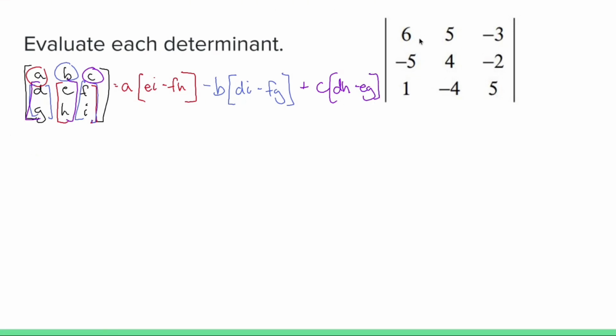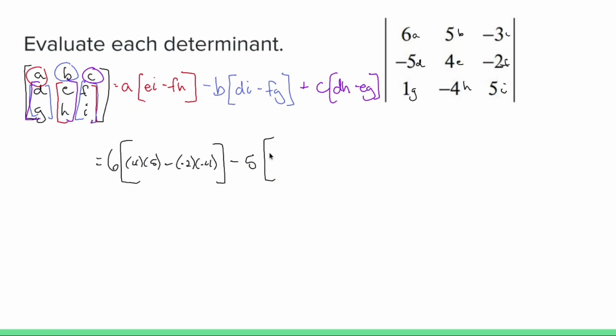Okay, so let's go over here and label everything. A, B, C, D, F, G, H, I. So the determinant of that is going to be 6, because that's our A, times E times I. So E times I is 4 times 5. So we'll just do that and write it all out. Minus FH. So minus negative 2, negative 4. Minus B, which is minus 5, times the quantity DI.